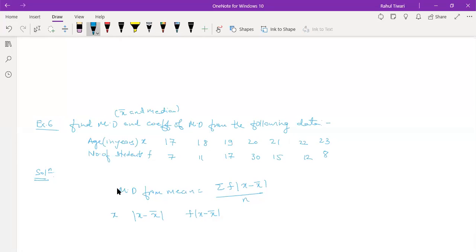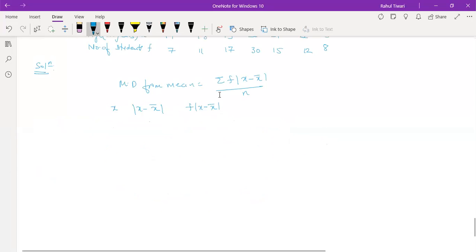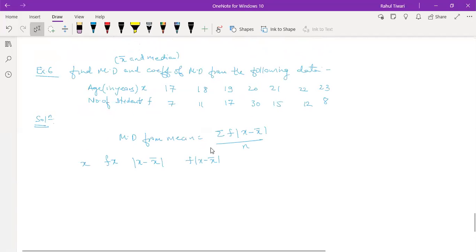MD from mean. So for MD from mean, what will you do first? You calculate. I have x. Calculate fx, and based on that calculate this. So write down the x data that is given here. What could be x? It is 17, 18, 19, 20, 21, 22, and so on.